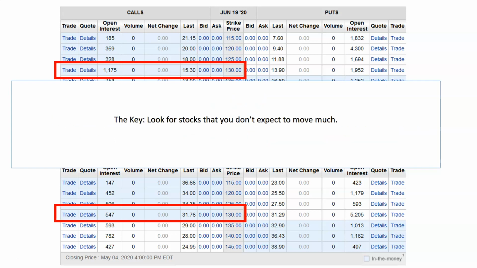So that's the risk here in a calendar spread trade. The key: look for stocks that you don't expect to move that much, but which have a pretty nice profit potential when we compare between a 1 month out contract versus a 6 month out or a 1 year out contract. That's the key. You're betting on that volatility being relatively low. If volatility is going to explode, you're going to be in trouble.